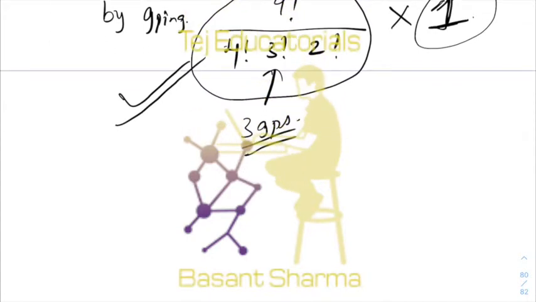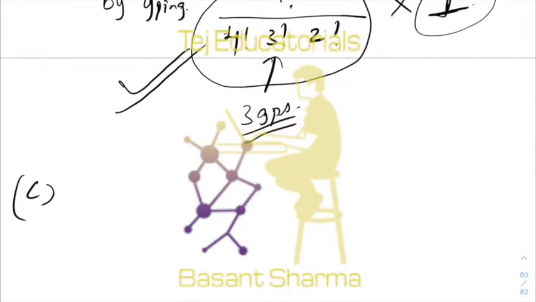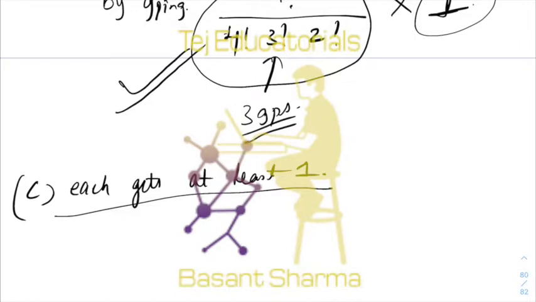Then C part, each gets at least one. Again, if each gets at least one, then I gave a procedure for solving such problems, right? So method 1 is, you can form cases.